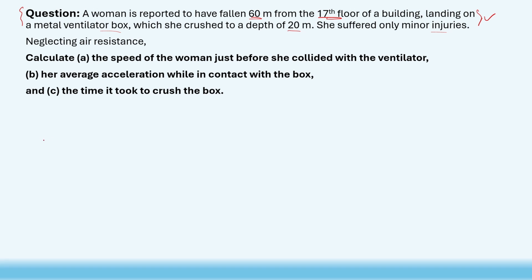It is mentioned that there is a woman on the balcony on the 17th floor of a building. Let's draw the building like this. It is mentioned there is a ventilator unit here, ventilator box here. It's mentioned on the 17th floor, a balcony or window, and a woman inside.